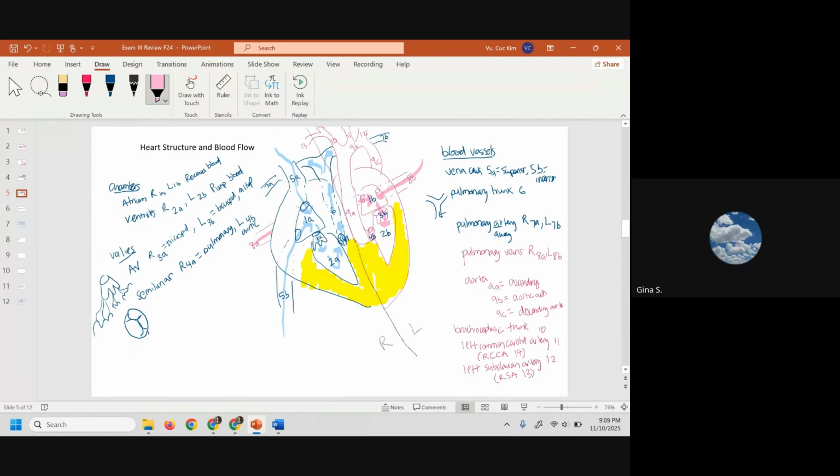The mitral valve. Both of you are right, the bicuspid or the mitral. It enters into the left ventricle, passes through the aortic valve, and enters into the ascending aorta. And then it moves along that. You've got blood flow.